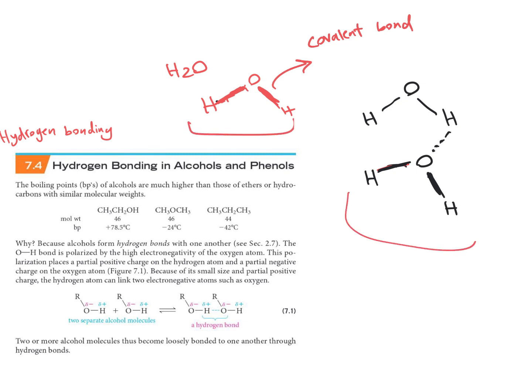And between what atoms could I have hydrogen bonding? Is it just anything that has hydrogen? Can you remember what it was? Exactly. These three elements that are really electronegative, and hydrogen.